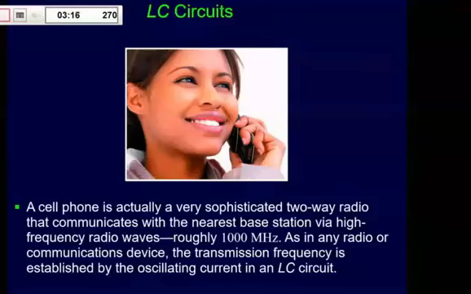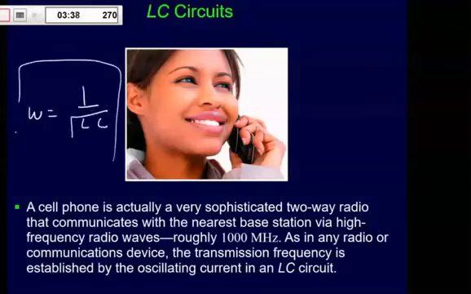If you try to drive these circuits with some frequency that's not close to their resonant frequency, which is the one we just found, you're not going to get much current. These circuits really want to accept this special kind of frequency.